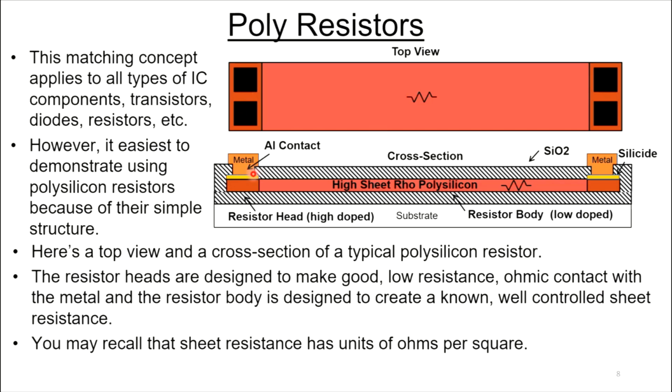The resistor heads, right here and right here, are designed to make good resistive ohmic contact with the metal and with the body of the resistor. The body of the resistor is designed to create a known, well-controlled sheet resistance. So you may recall that sheet resistance has units of ohms per square.